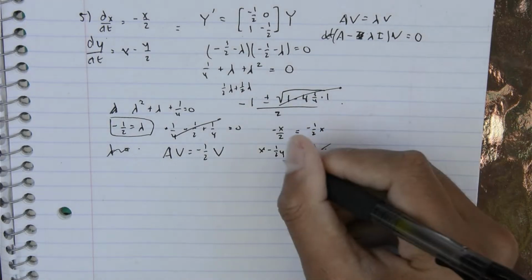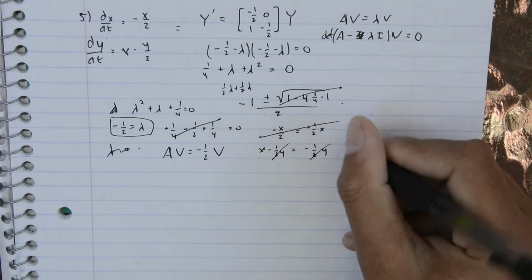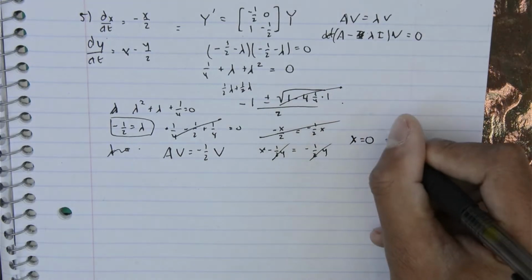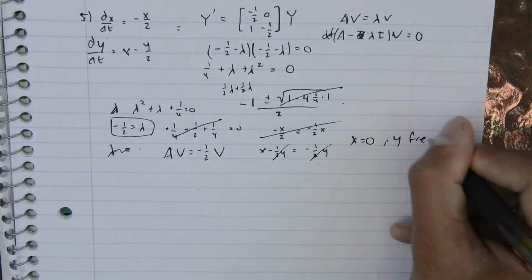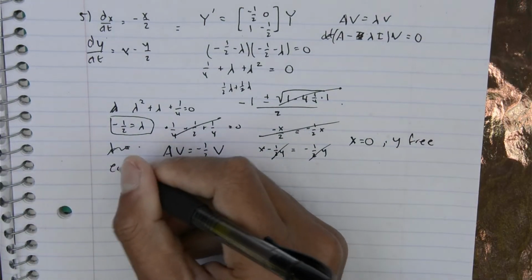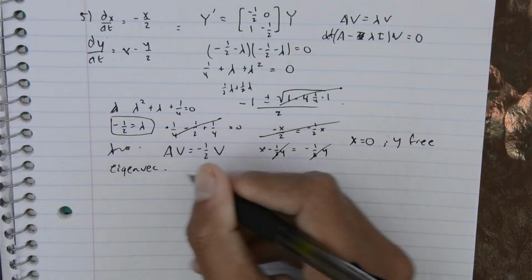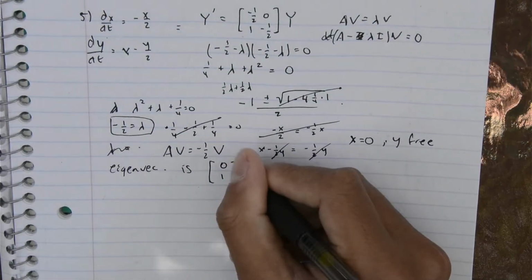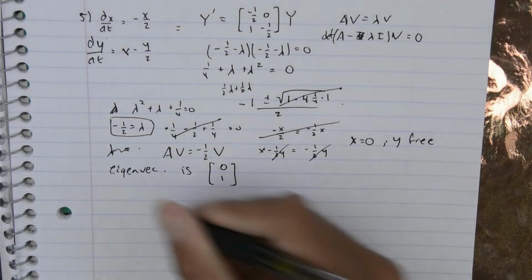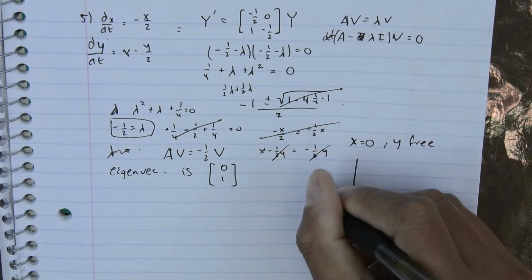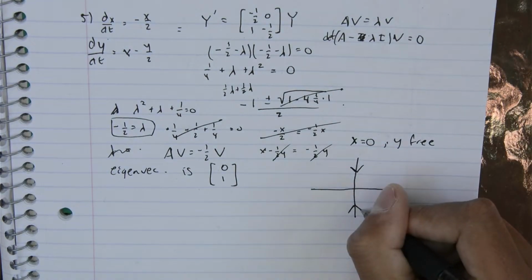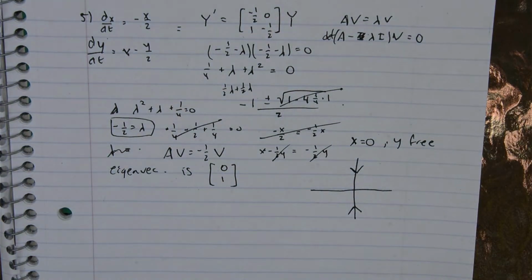So then this cancels, and this cancels. So x is equal to 0, y is free. So the eigenvector is 0, 1. So what we're going to have for our picture is definitely going to have this. And I don't think we're going to be able to find the general solution.